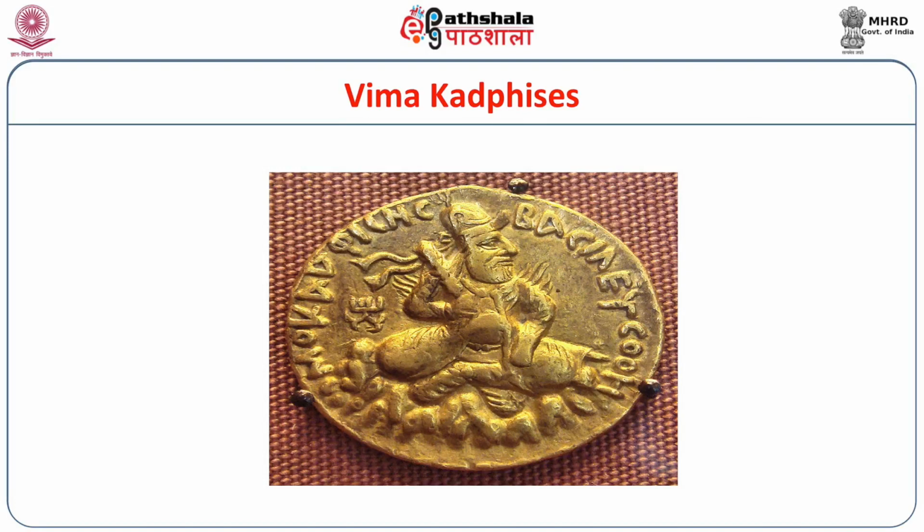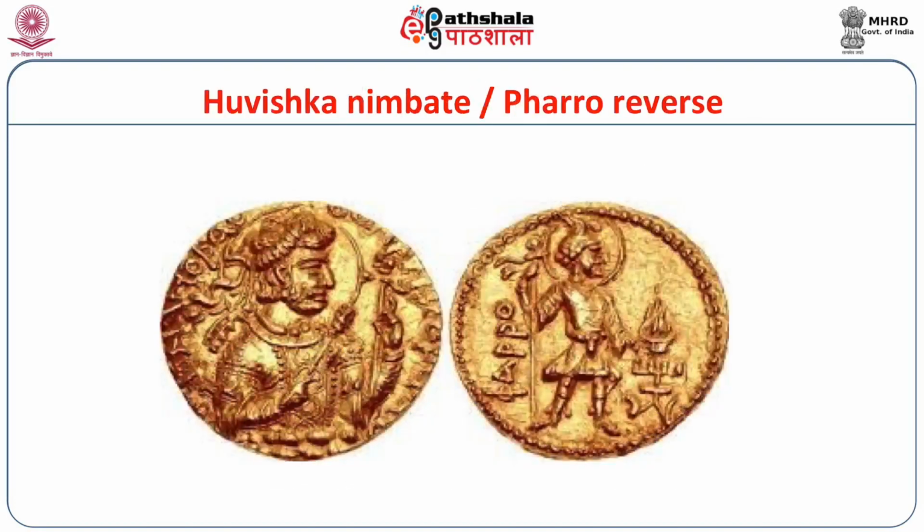He has kept his nomadic attire, the long Central Asian coats, and you can see flames coming out from behind his shoulders, and it suggests his divine connection. Huvishka also shows this circle, which shows that Huvishka is nimbate. The circle shows that he has a divine connection, and on the reverse we have Pharro. Pharro is an abstract god who is representing the empire.